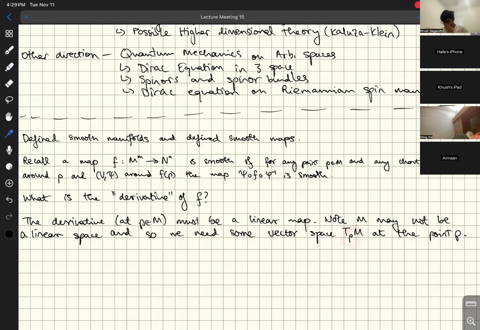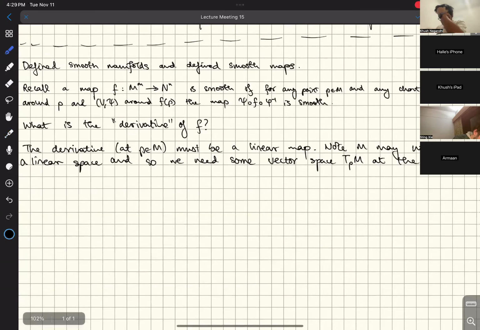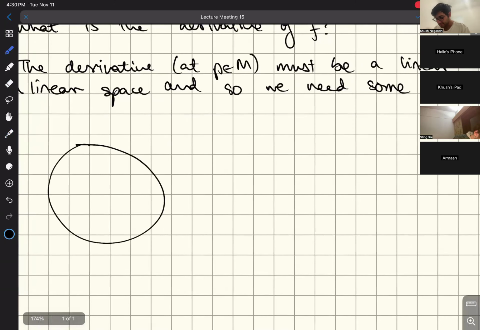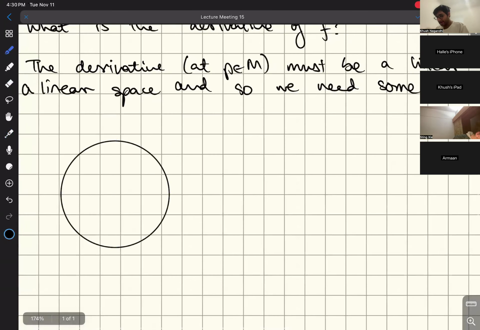Okay, so I mean they might be different because okay, let's draw a picture. So let's say we had a circle, right? And now, okay, so this is my point P. And now I ask myself, okay, intuitively speaking, what vectors, quote unquote, because on the circle itself, there are no vectors, right?